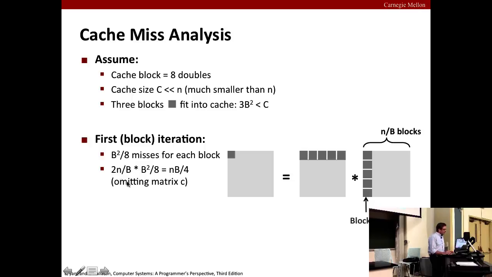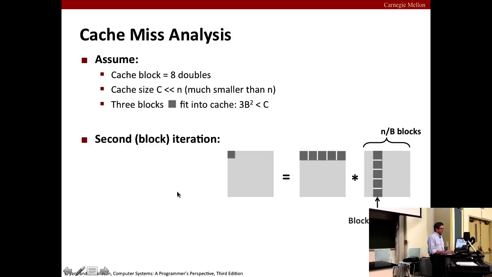And so since there's n over b blocks in each matrix, and there's 2 matrices, there's 2n over b times b squared over 8 misses for this first iteration. So that works out to be nb divided by 4.